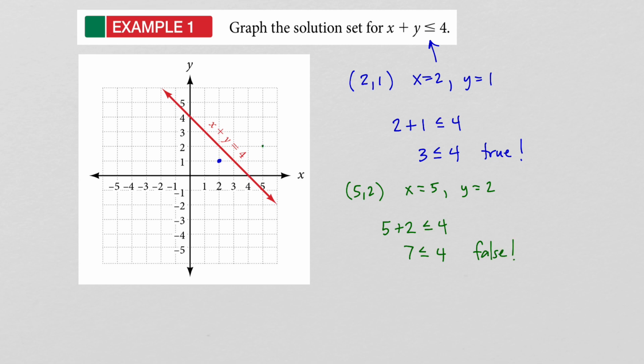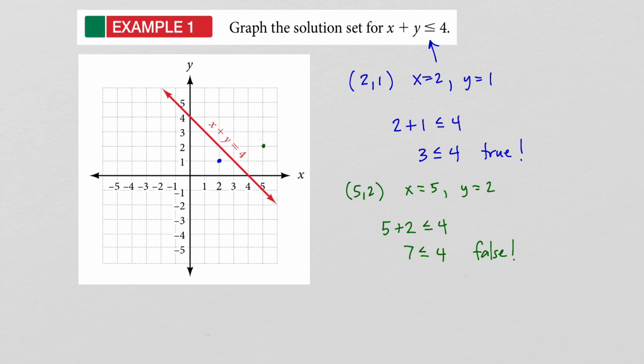The point (5, 2) is up here. So what I want you to notice is that some of the points that are not on the line satisfy this inequality, and some of the points that are not on the line do not satisfy the inequality.